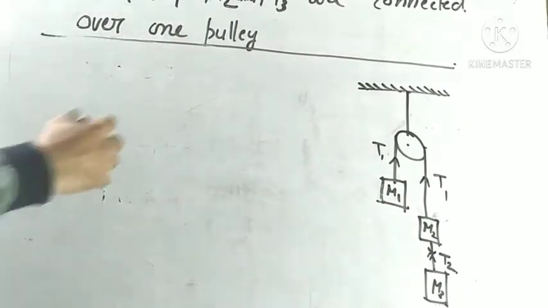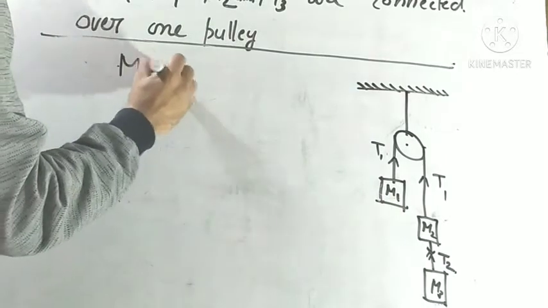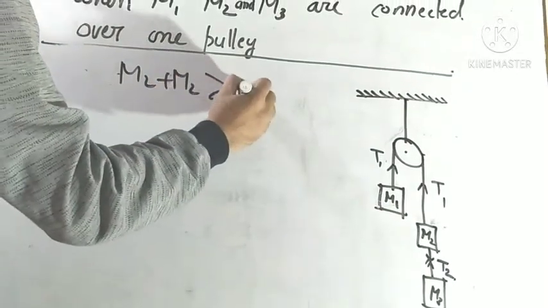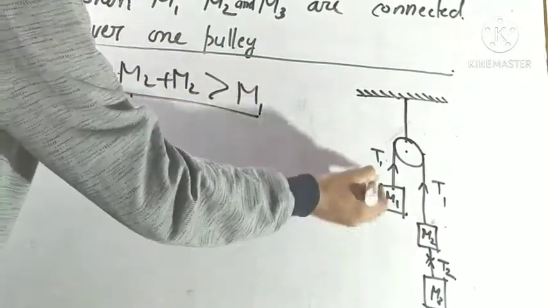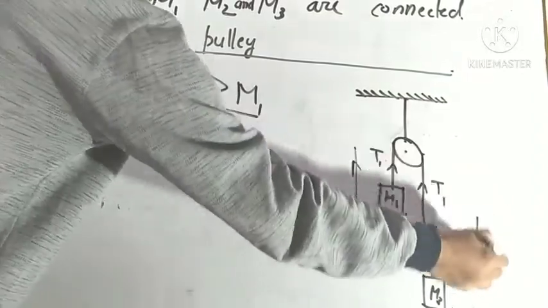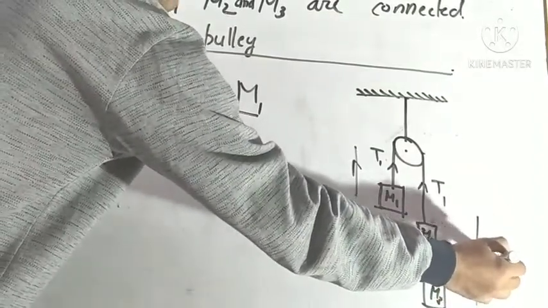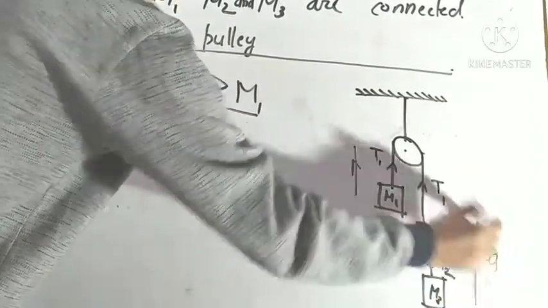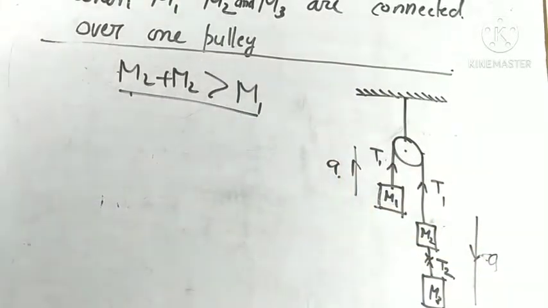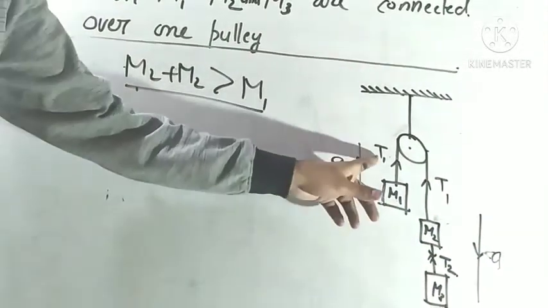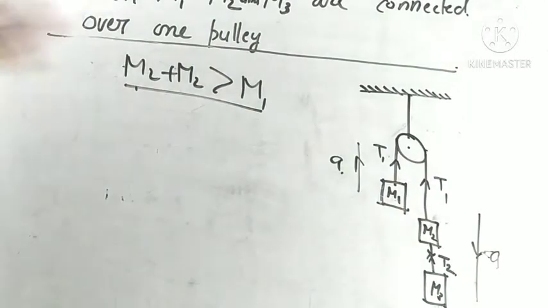Now we consider that m2 plus m3 is greater than m1. So this body will move vertically upward, and these two bodies will move vertically downward with the same acceleration a. We have to find the acceleration and the tensions T1 and T2 in the strings.